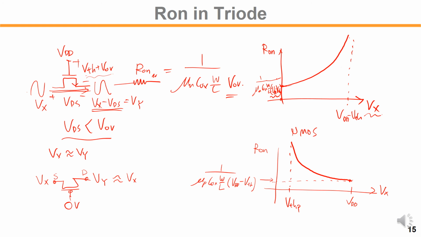If you really want, you may use a parallel connection of the PMOS and NMOS, like this, so that we see the Rp and Rn characteristics in parallel.